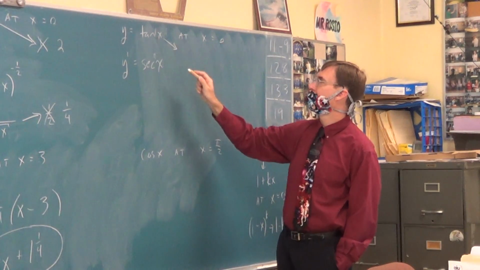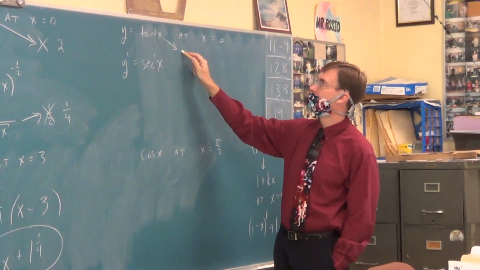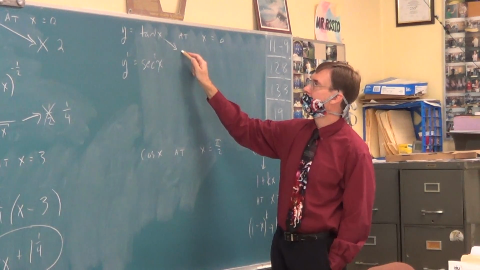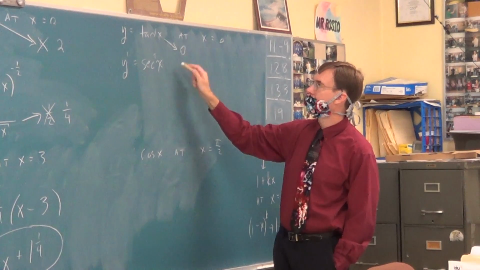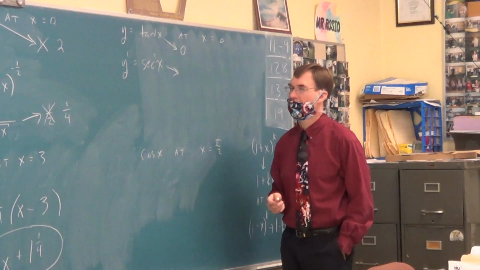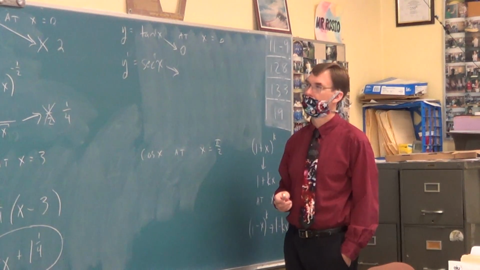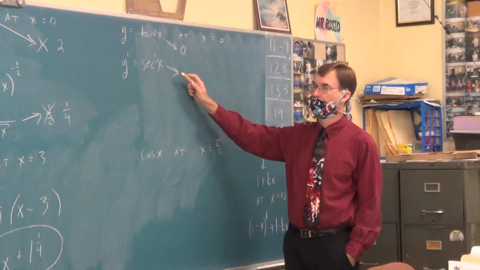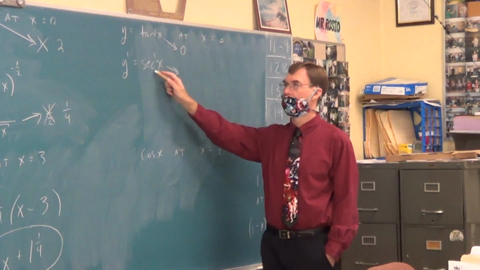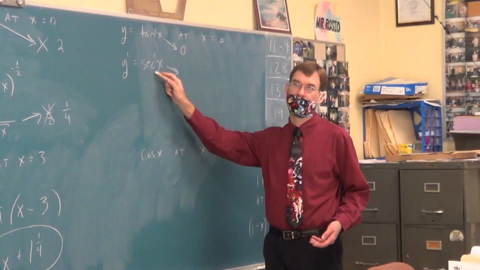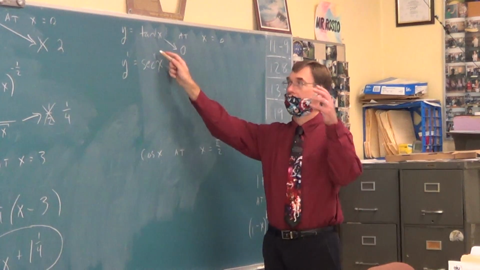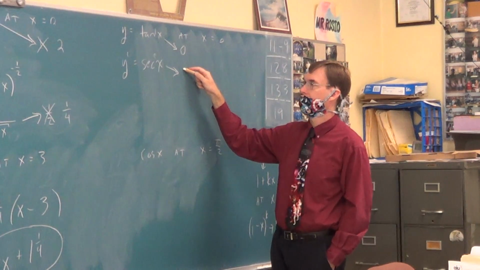Both. Tan of 0 is 0. Secant is based on cosine. Cosine of 0 is 1, but secant needs to get flipped and squared. Final result, still 1.